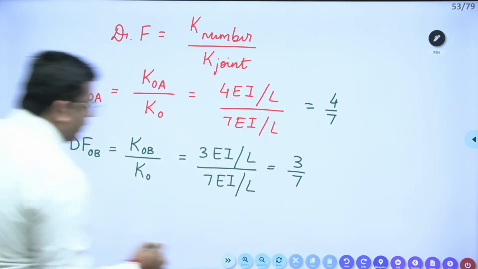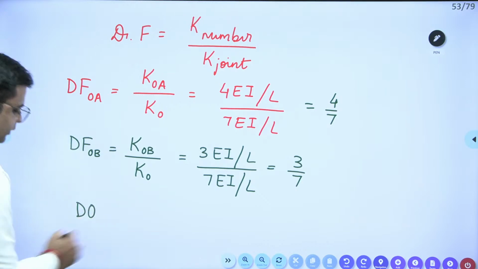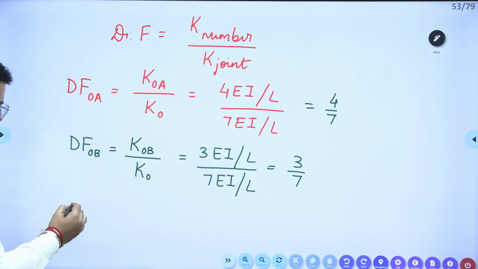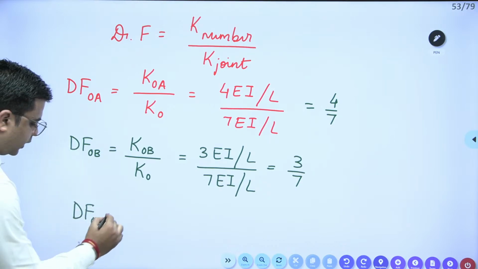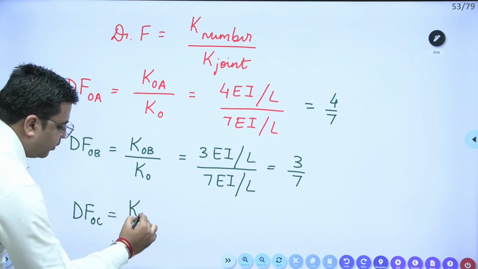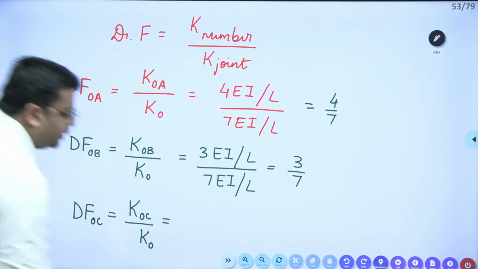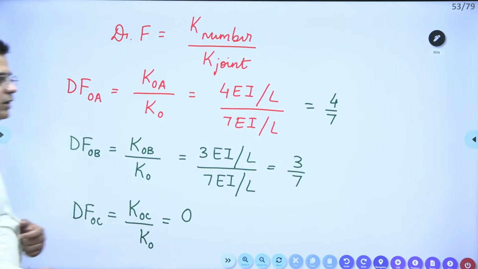The distribution factor for member OC is equal to the stiffness of member OC divided by the stiffness of joint O. The stiffness of member OC is 0, hence the distribution factor is 0.